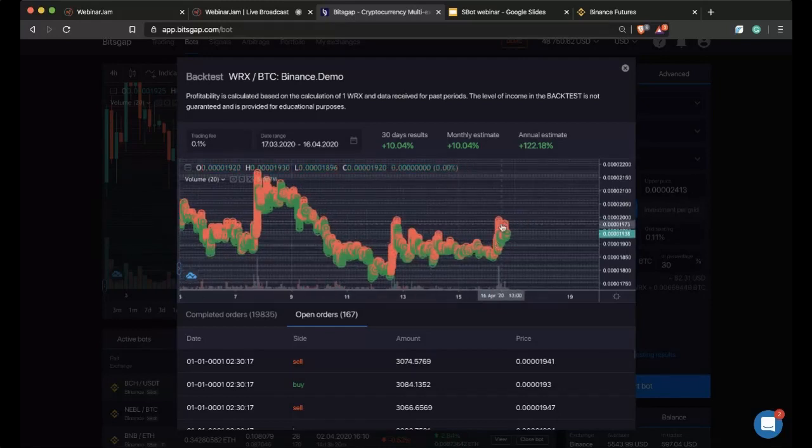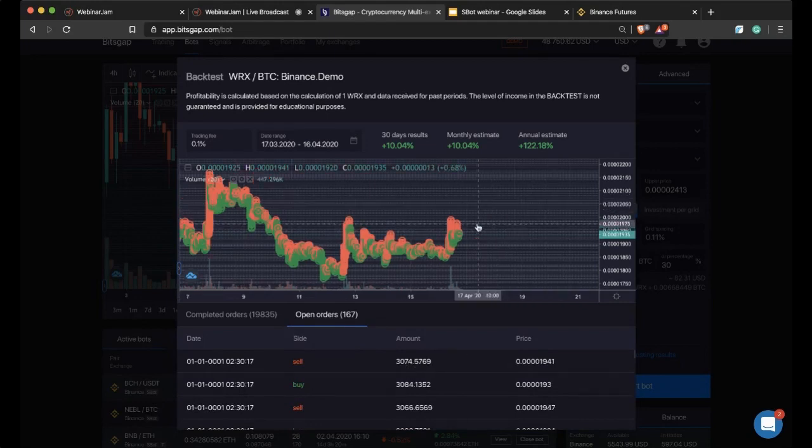That means it takes into account current data, so if you open the Bitsgap platform tomorrow or the day after tomorrow, you will always see the relevant backtest result. That is why the bot right now, in this backtest, has open orders. It means that it will initiate other orders as the price is moving upwards or downwards.